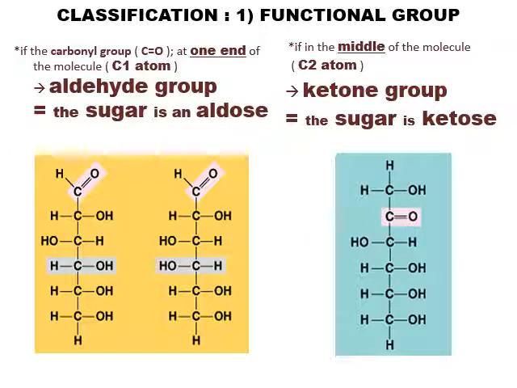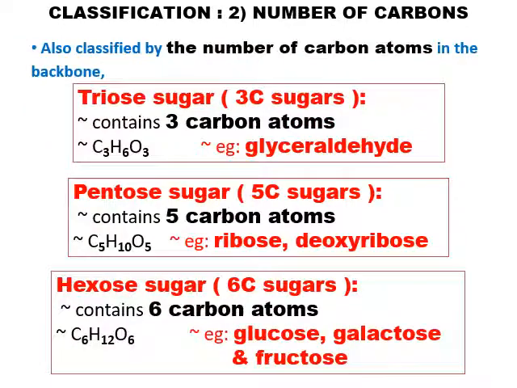If the carbonyl group, which is C double bond O, is at one end of the molecule, this one and this one, then this is an aldehyde group, so the sugar is known as an aldose. If it is in the middle of the molecule, for example, this one is at carbon number 2, then this is a ketone group, so the sugar is known as a ketose.